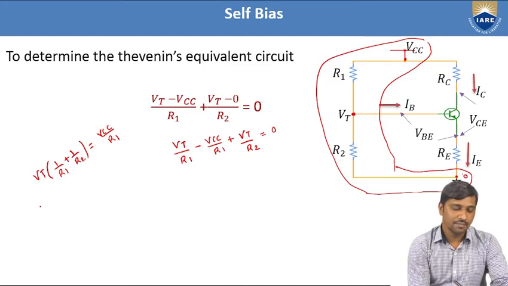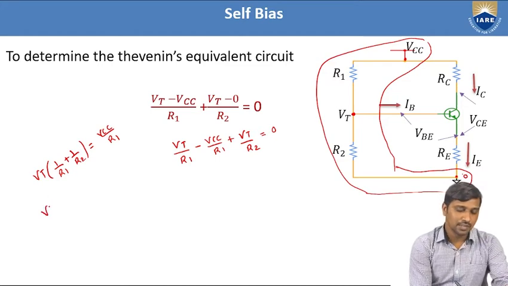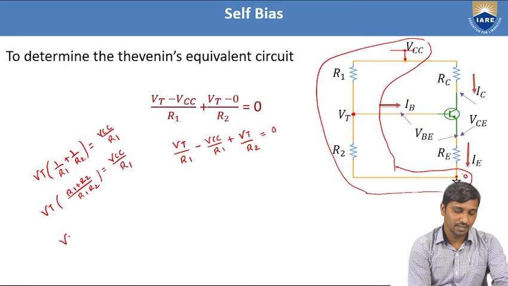Now I can take the LCM. So this is Vt times R1 plus R2 by R1 R2, that is equal to VCC by R1. From this, if you want to calculate this Vt voltage, this is VCC by R1 into R1 R2 by R1 plus R2.